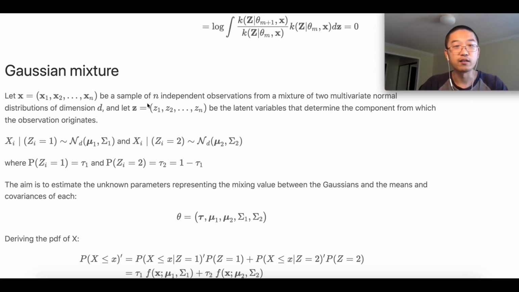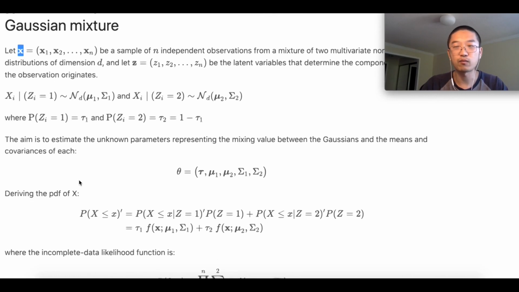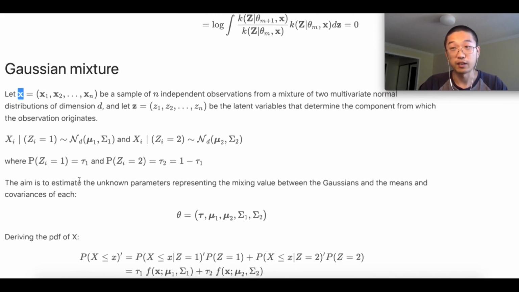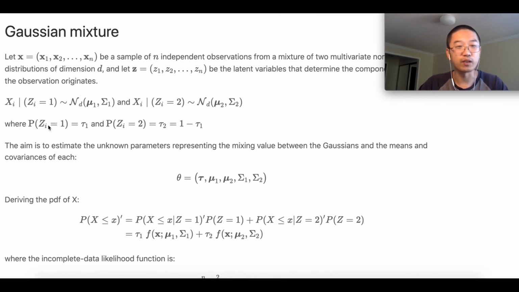So how do we find the probability density function of x? It's quite easy, if we understand that. So we assume that the probability of z equal to 1 is tau 1, otherwise it's 1 minus tau 1.